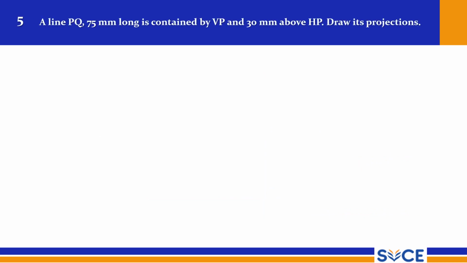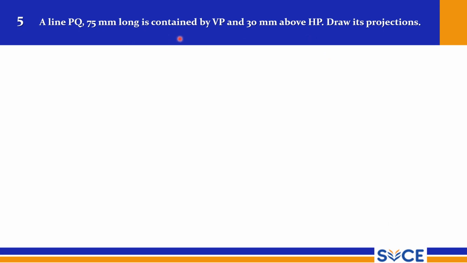And coming to the next problem, a line PQ. There are different notations, whatever it may be. The front view should be notated with a dash, and the top view should be notated without a dash. A line PQ 75 mm long is contained by VP, and 30 mm above HP.